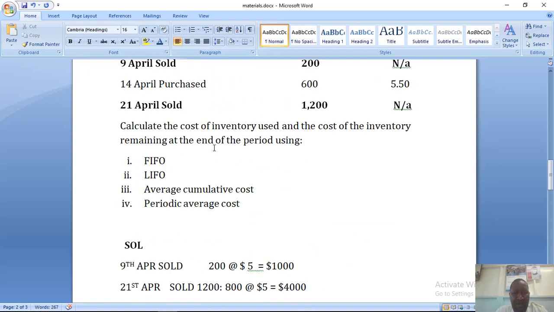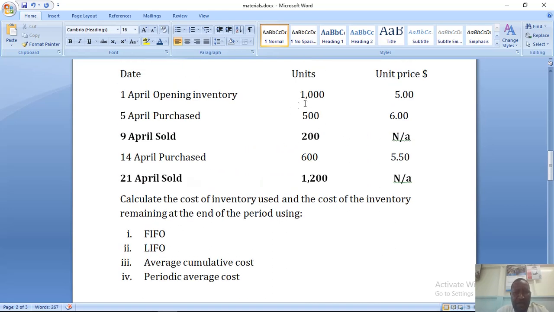What is the cost of inventory remaining? Closing inventory. Let's go back to the table. The opening inventory units are all issued out. Remember, we took 200 from 1,000. We remained with 800. 800 was issued on the 21st of April. Then from the inventory received on the 5th of April, 500 units in total, we've already issued 400 units out of the 500, so we are remaining with 100 units.